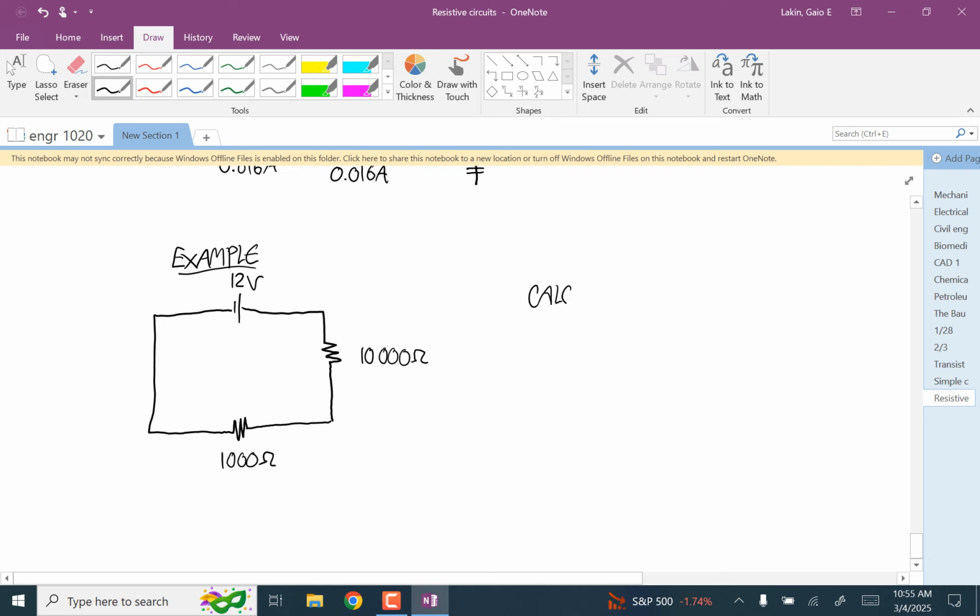And we want to calculate the current through and the voltage across each resistor.